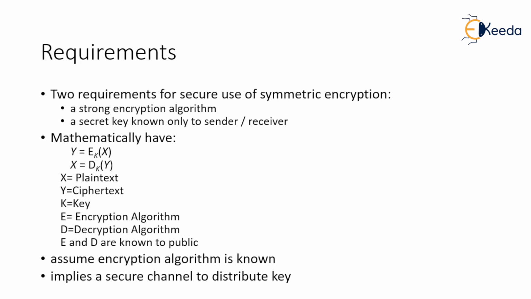It is very much essential that distribution of the key should be through a secured communication channel, so that whatever key is being shared between the sender and the receiver shouldn't be taken by the intruders or by any attacker. So these are the basic requirements for any encryption technique.